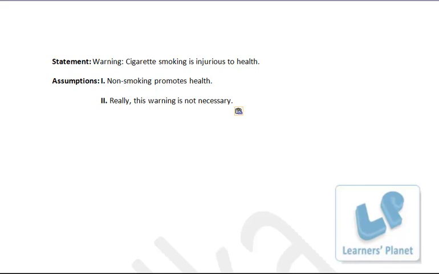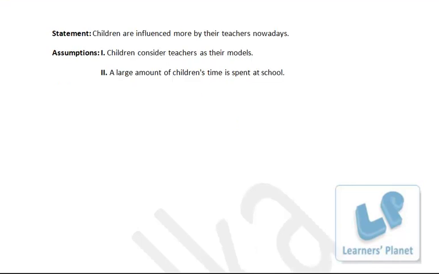Okay, I'm sure you are getting my point of view. Children are influenced more by their teachers nowadays. The first assumption, children consider teachers as their models. Now, unless they consider their teachers as their models, why would they be influenced, right?